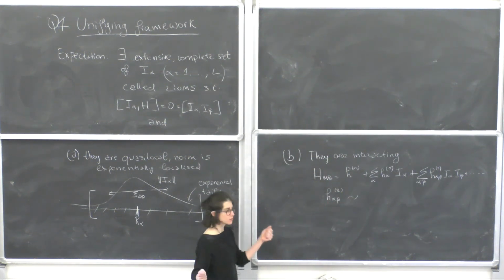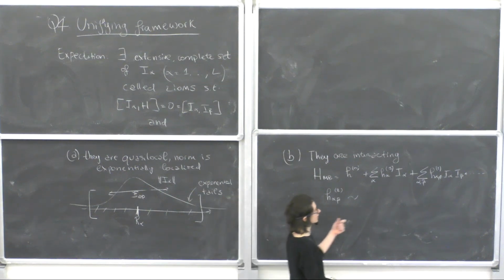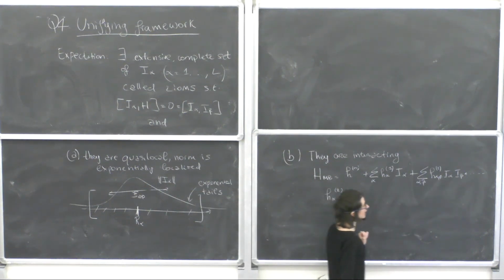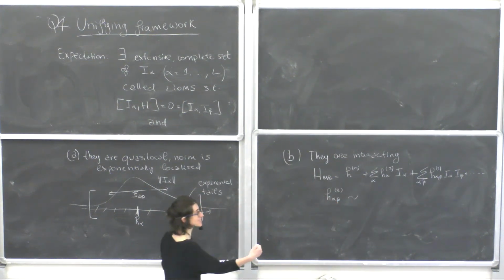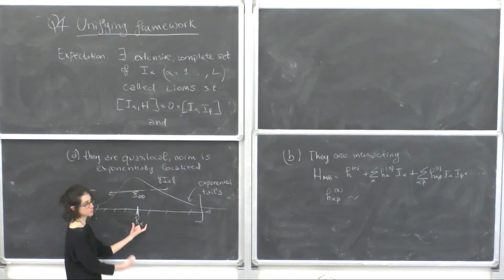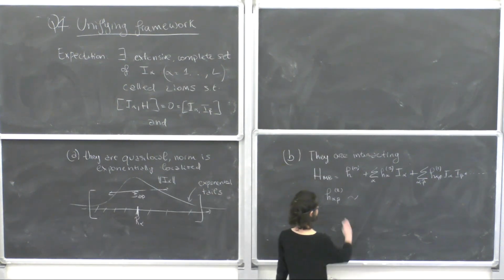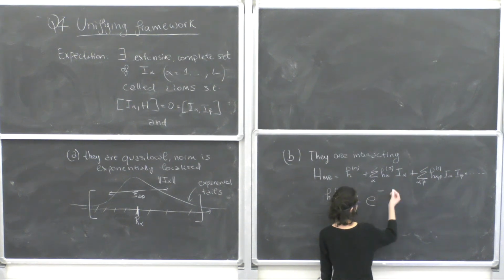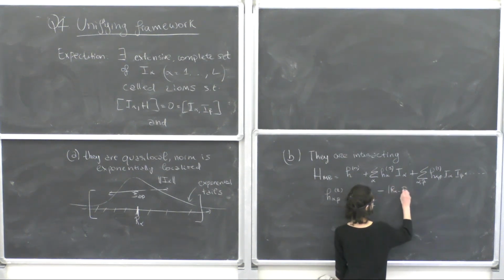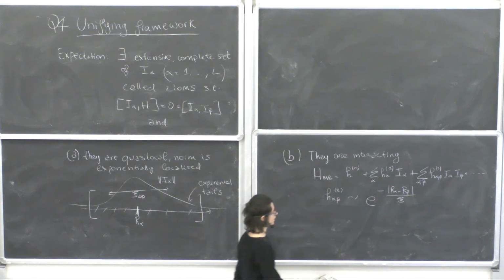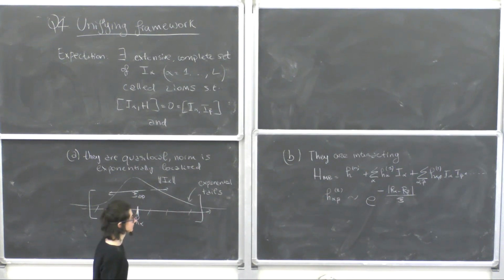The strength with which two operators, I alpha and I beta, interact is set by the distance between the corresponding localization centers of the operators on my lattice. So this will decay as e to the minus that distance, divided by some scale psi.